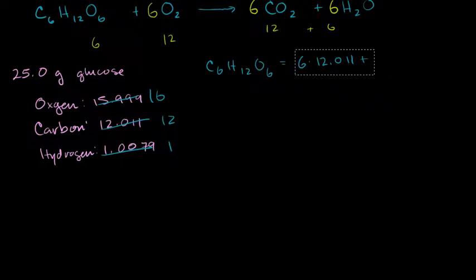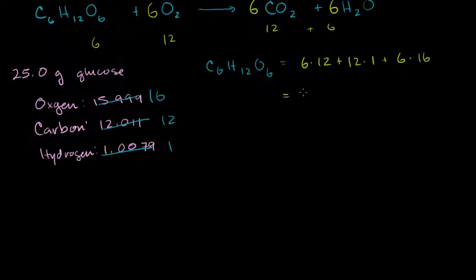Let me clear this. So the atomic weight of glucose is 6 times the atomic weight of carbon, 6 times 12, plus 12 times the atomic weight of hydrogen, 12 times 1, plus 6 times the atomic weight of oxygen, 6 times 16.